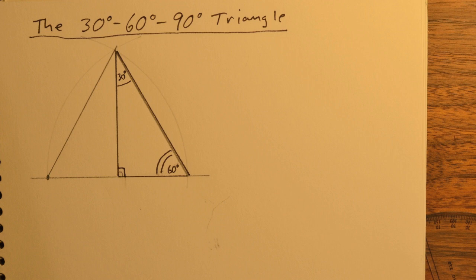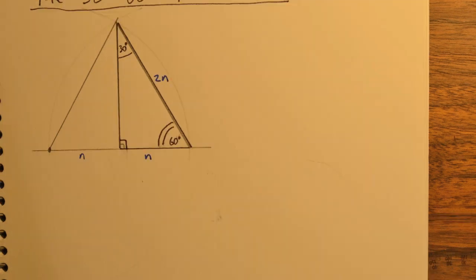Now in every 30-60-90, the hypotenuse is going to be 2n because the short leg is half of the length of a side. So we have n, 2n, and then that altitude is going to be n root 3.